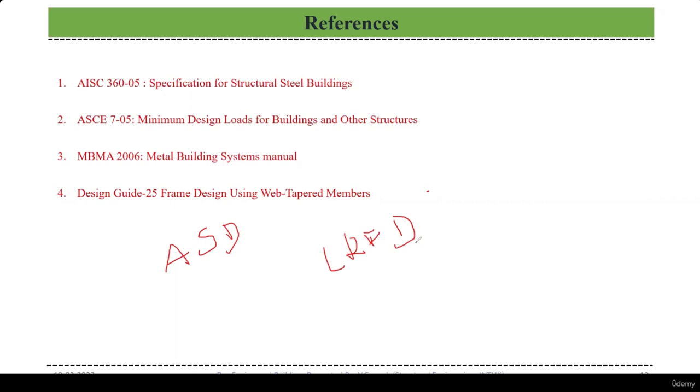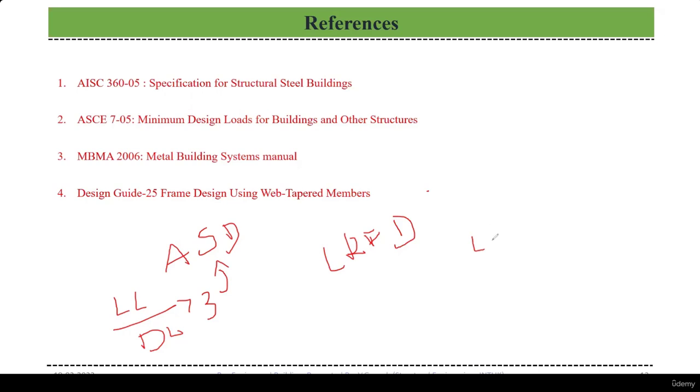The basic rule is that in ASD, if the live load to dead load ratio is greater than 3, generally ASD, nothing but allowable stress design, will give a lighter section, that is an economical section.